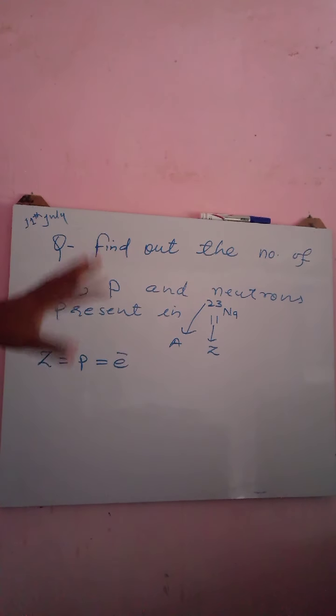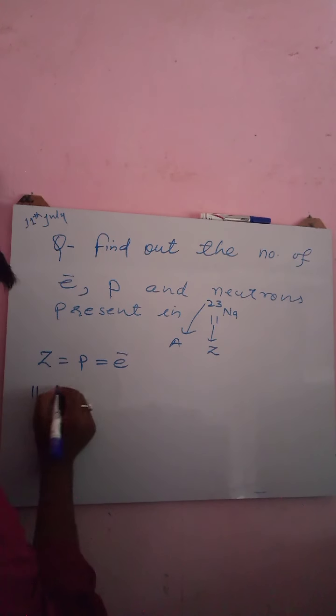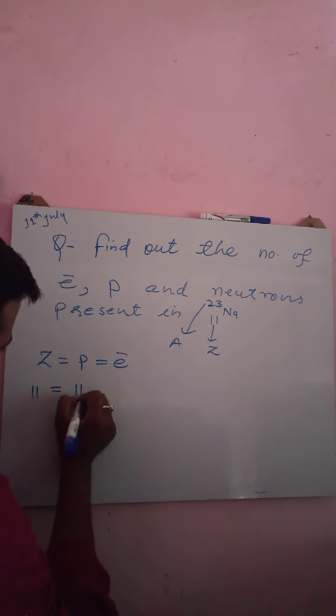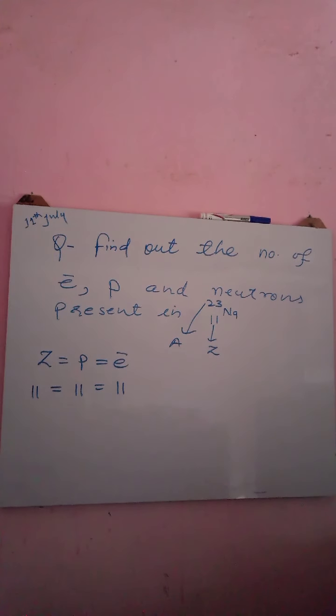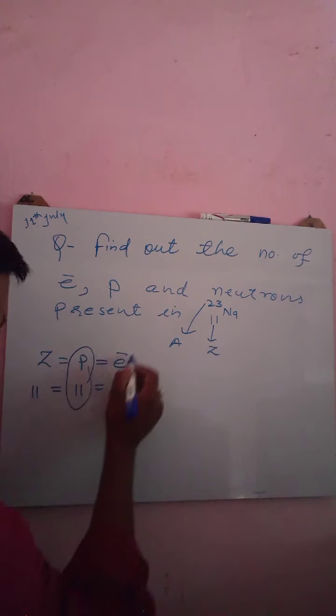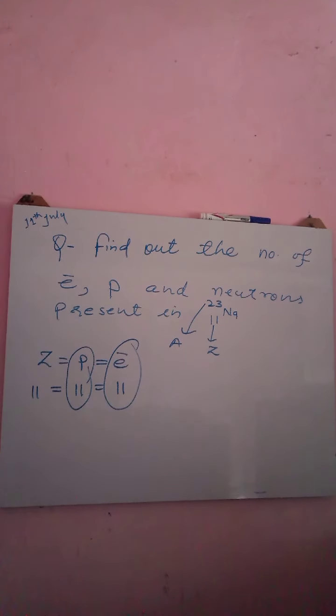If Z is 11, the proton is also 11 and the electron is also 11. Now we need to find the neutron.